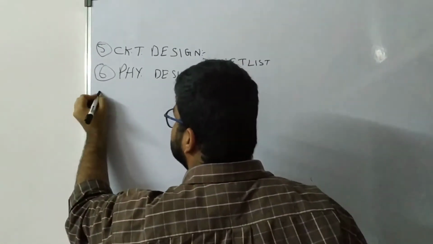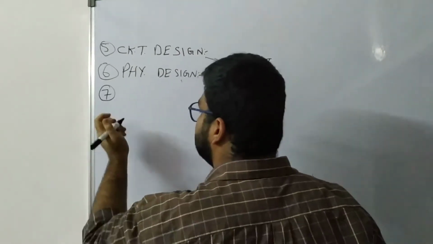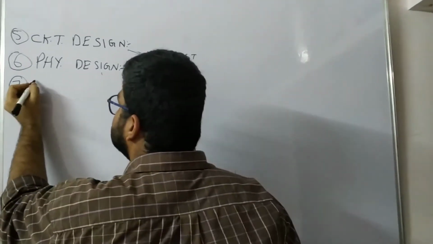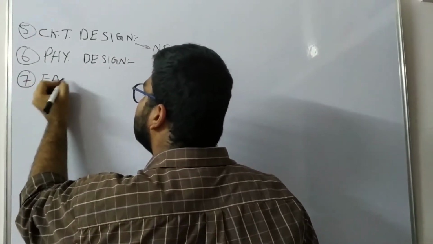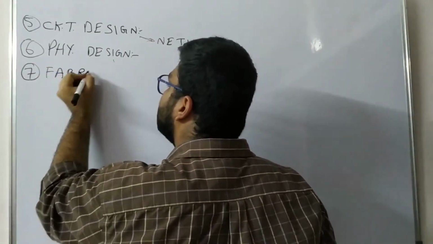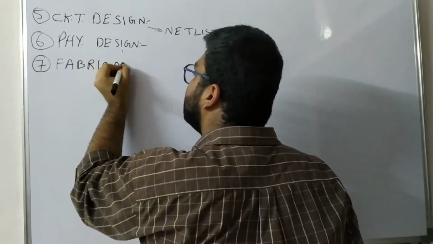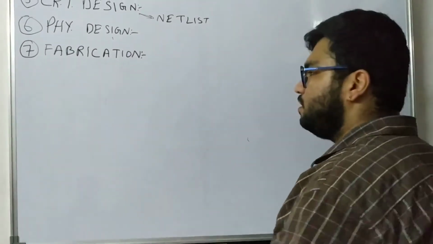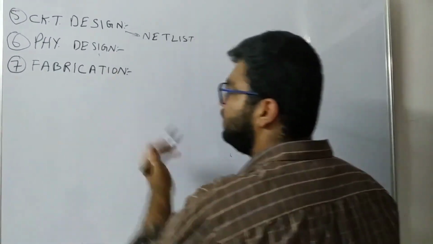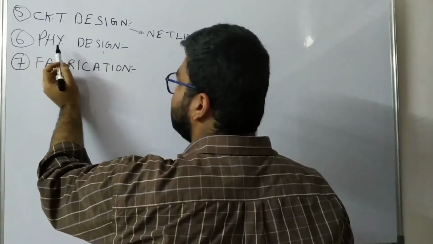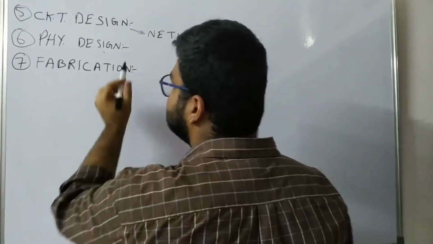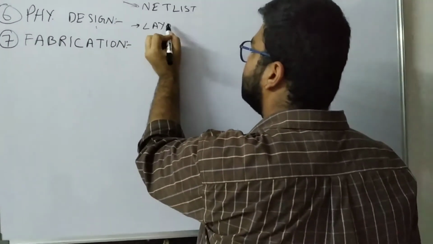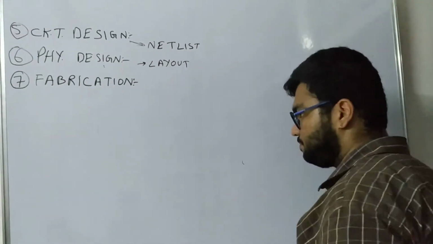Next, the seventh and important step. What is this seventh step? It is nothing but fabrication. So what does fabrication mean? The output of the sixth step is called layout.